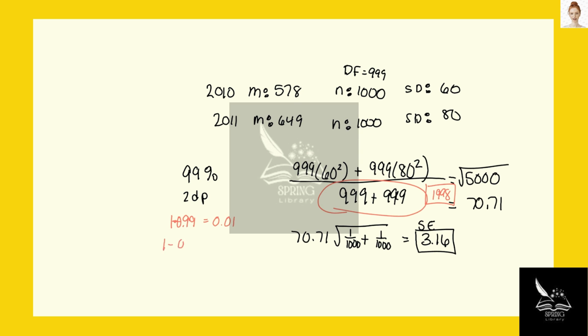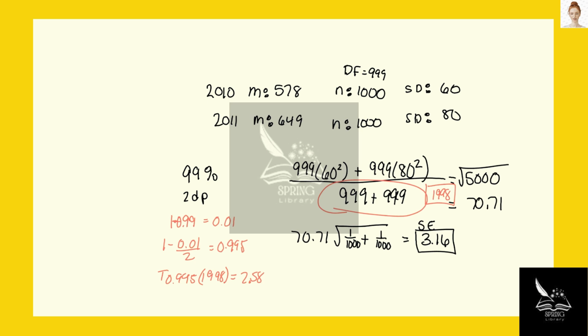Then you take 1 minus 0.01, divide that by 2, and you get 0.995. Then you take t 0.995 with your degrees of freedom of 1,998, and that is going to be 2.58.